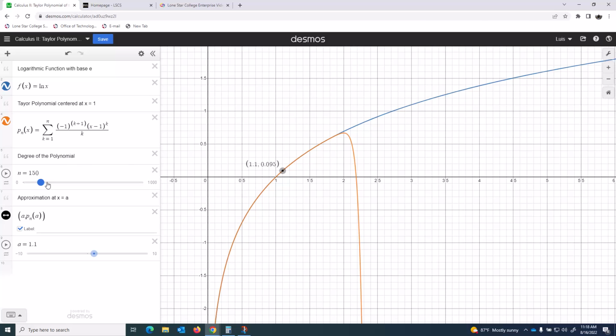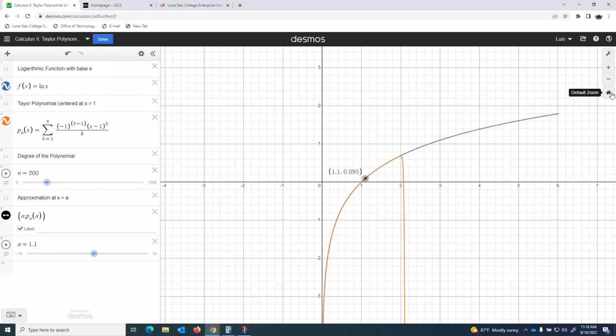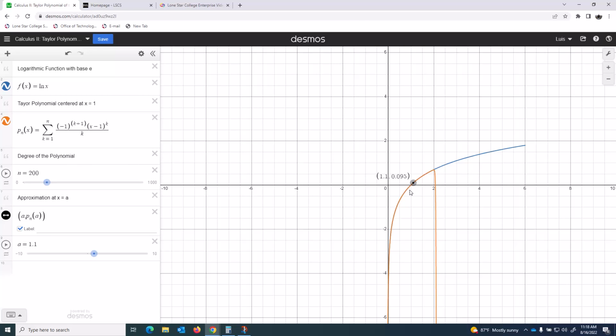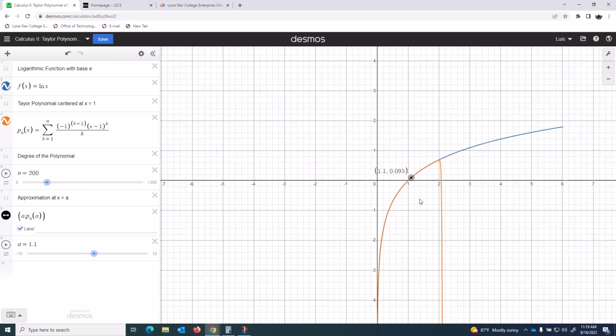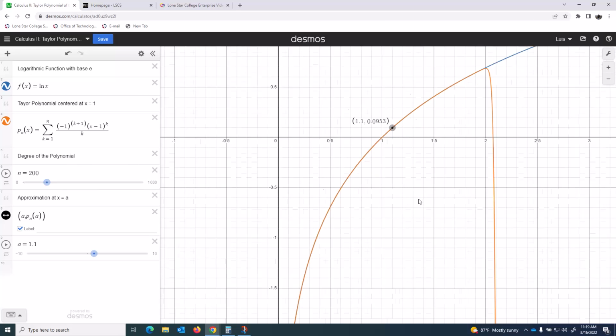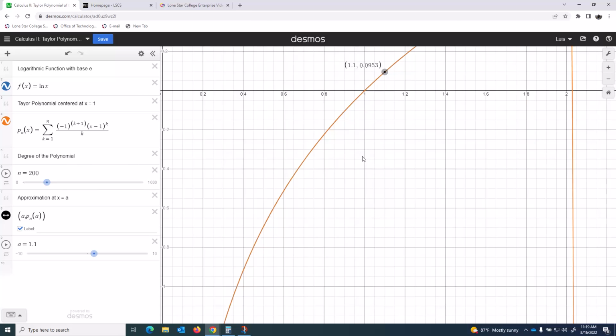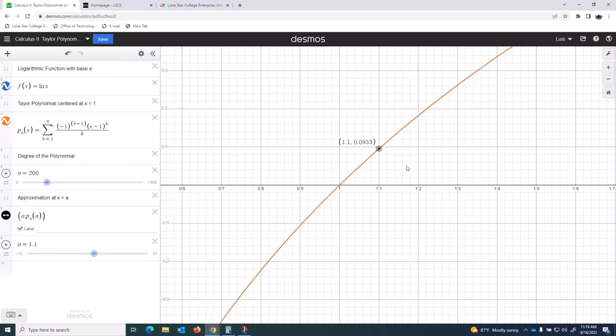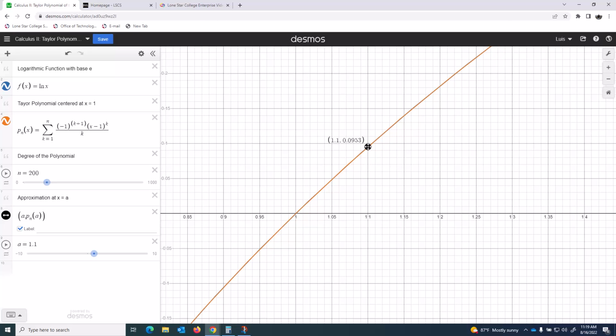If we extend it here, we would see the polynomial trying to fit on the curve, and the curve goes away from the function natural log of x. But as long as we're close to the center point, in this case 1, then our estimate is going to be a good approximation.